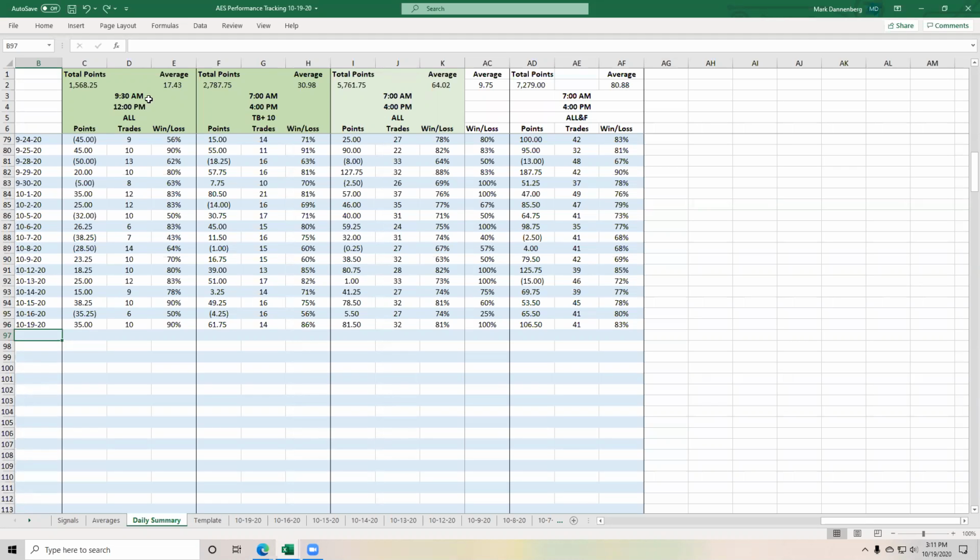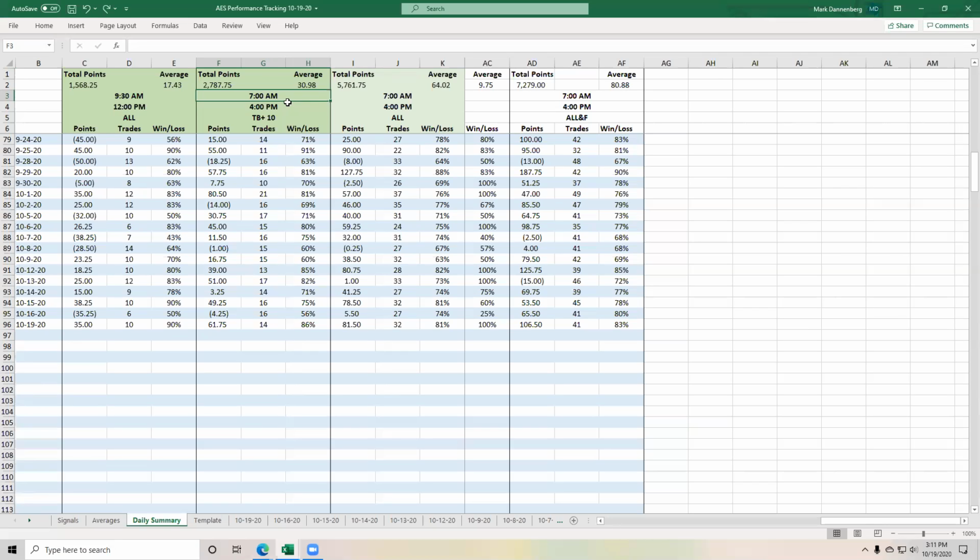We evaluate trading from 9:30 to noon, where you're taking all 4 of the adaptive entry system signals. We also evaluate trading from 7 a.m. Eastern to 4 p.m. Eastern. We don't always go right till 4. Sometimes we cut off at 3 like we did today. Periodically, if we're having a really strong day, especially at the end of the week on a Friday, we might cut off a little earlier.